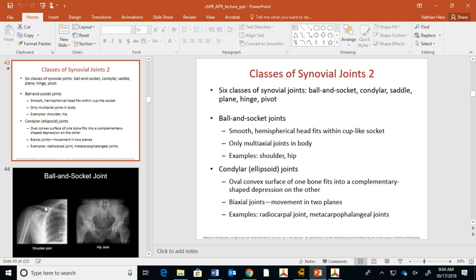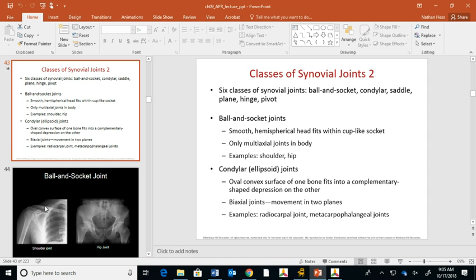Okay, number 1, the ball and socket joint. These are where I have a nice, smooth, hemispherical ball, as they say here. In other words, a round ball that's fitting into a nice deep, cup-like socket. The obvious examples are your hip and your shoulder, right?